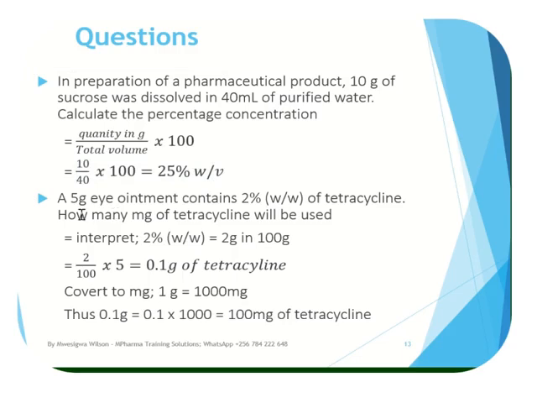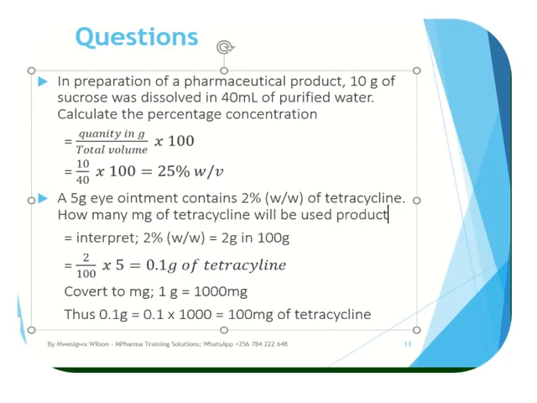Another question is this one. A 5 gram eye ointment contains 2% weight in weight of tetracycline. How many milligrams of tetracycline will be used in the product? If you ever have such a question, it is good you first interpret this. What does this one mean?